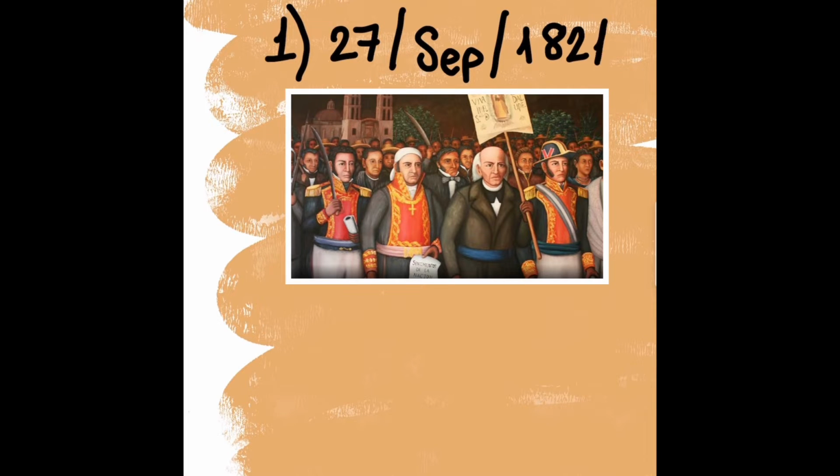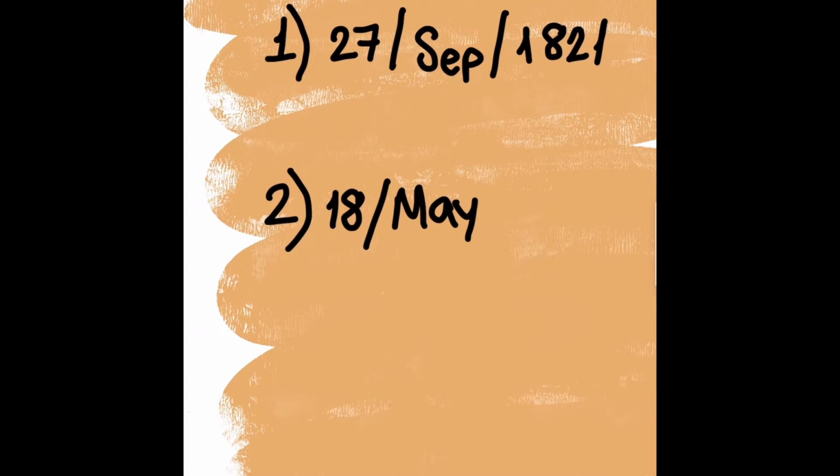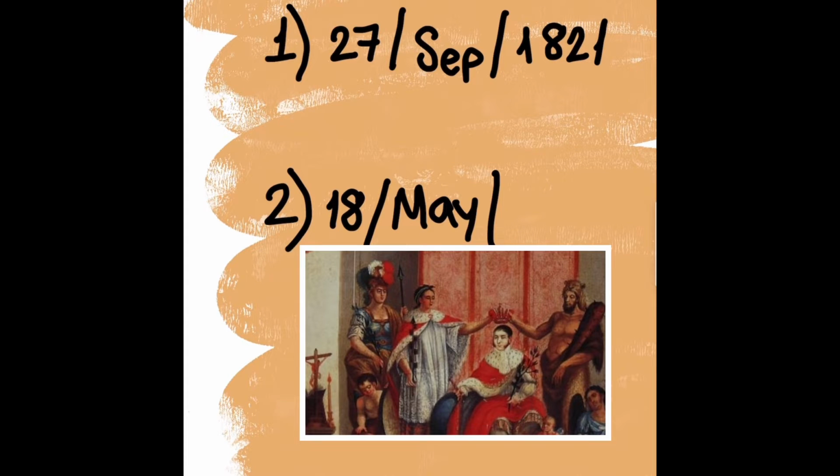For practical purposes, Mexico was born as a free nation. Second, on May 18 of 1822, less than a year after the independence, Agustín de Iturbide was proclaimed Emperor of Mexico. Mexico went from a viceroyalty to an empire.